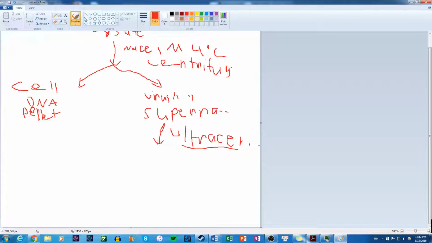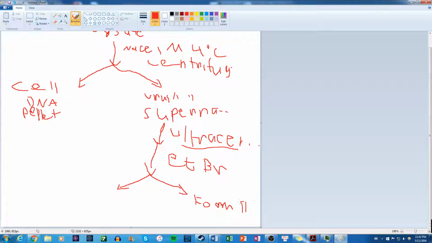You need to do this ultracentrifugation in ethidium bromide. And what that will do is separate based on the different forms of the viral DNA.